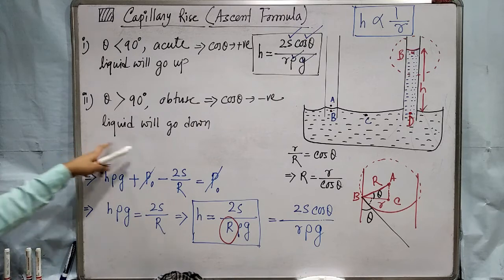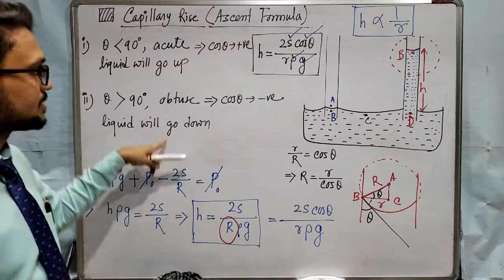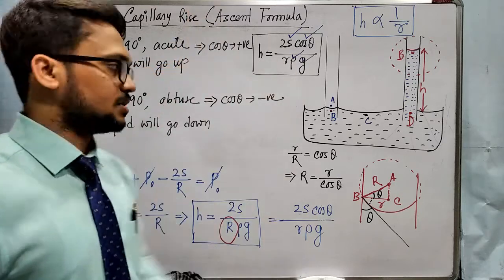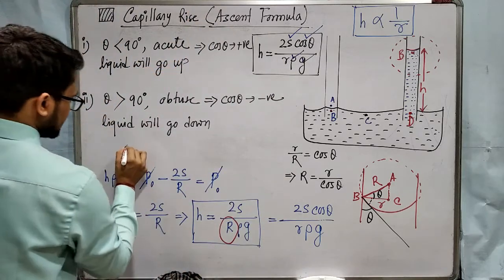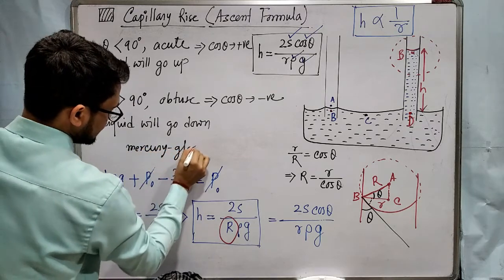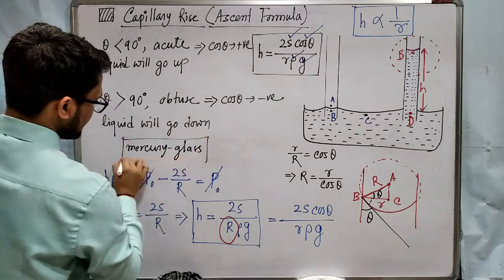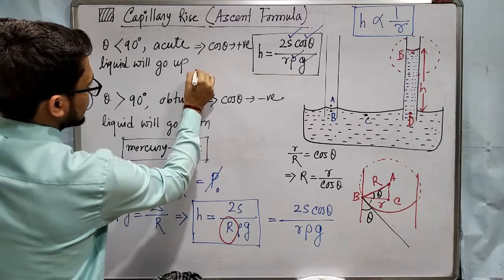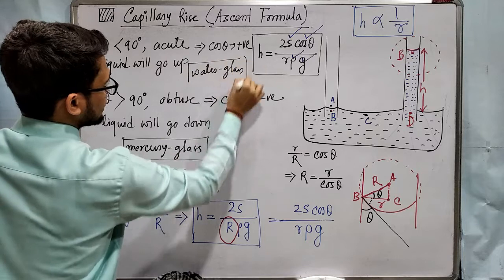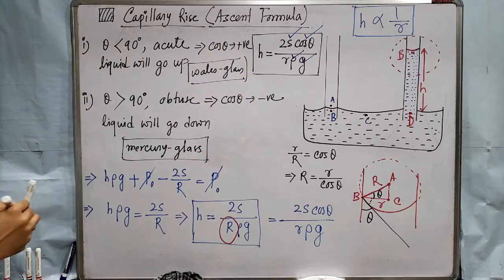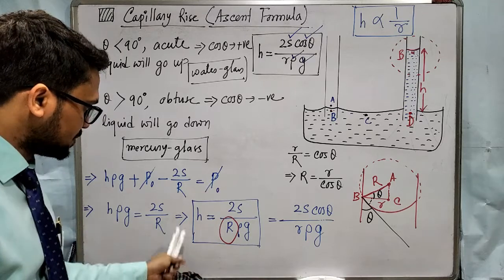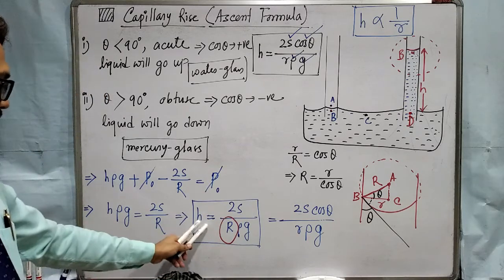In this case it is called descent formula, and in case of acute angle it is called ascent formula. This happens in case of mercury glass, and this happens in water glass.